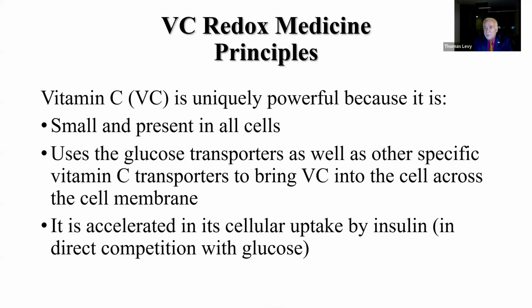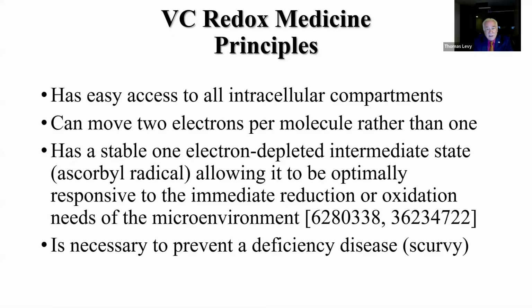It's small and present in all cells. It uses the existing glucose transporters assisted by insulin, usually in competition with glucose, to get inside the cell. There are other active vitamin C transporters that can bring vitamin C into the cell. And it has easy access once inside the cell to all the different intracellular compartments.